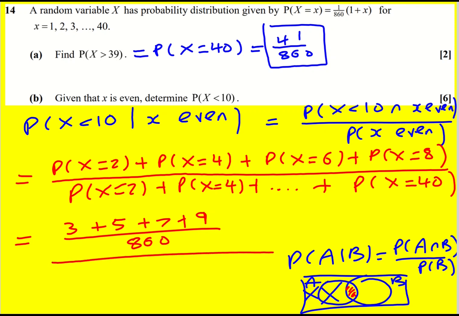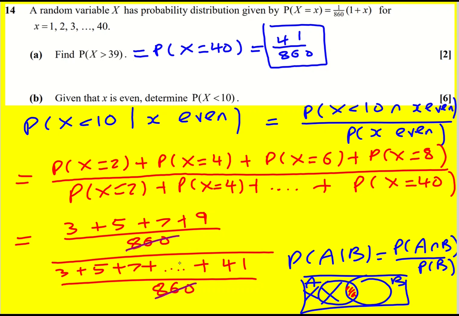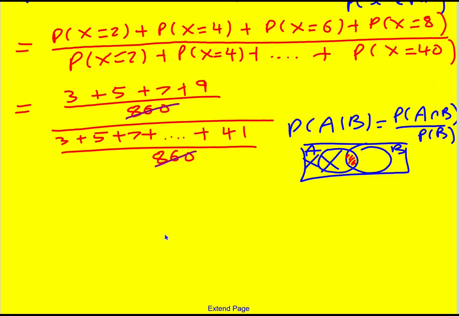And then I'm going to be dividing by very similar. It's going to be 3 plus 5 plus 7. But now I need to go all the way up to the last one, 41 over 860. In fact, the 860s cancel. The top becomes 8 plus 16, 24.